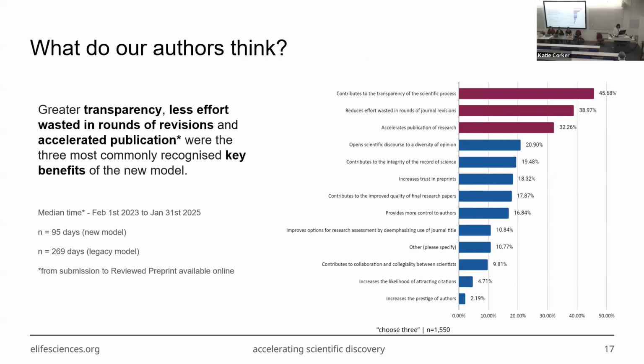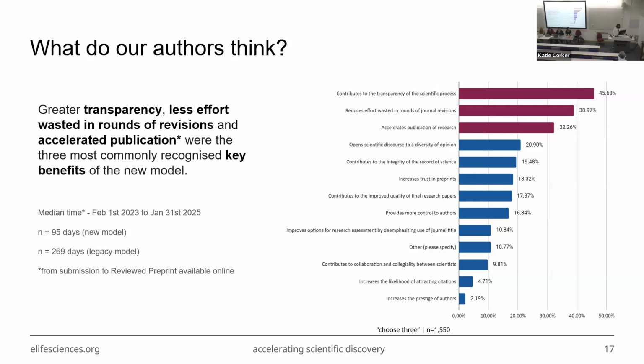So what do our authors think of this? We sent out a survey and they were asked to choose what they felt were the top 3 benefits. They felt that there's greater transparency throughout the process, there's less effort wasted in rounds of revisions, and the fact that we're publishing the reviewed preprint, which is a quick publication turnaround because we're reviewing the preprint, leads to accelerated peer-reviewed publication of our article.